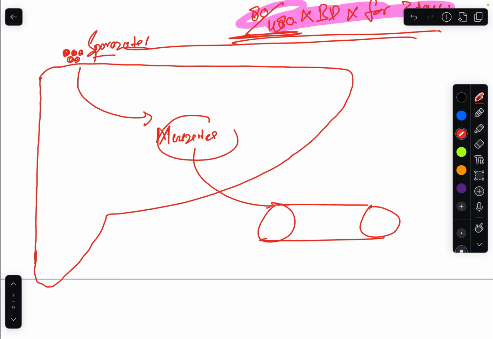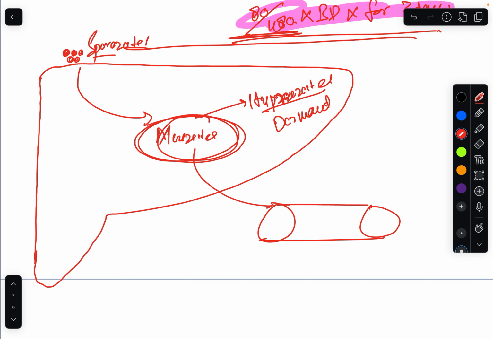Some of the merozoites are converted into hypnozoites, and they remain dormant in the liver, and they are the reason for recurrent, relapsing malaria.